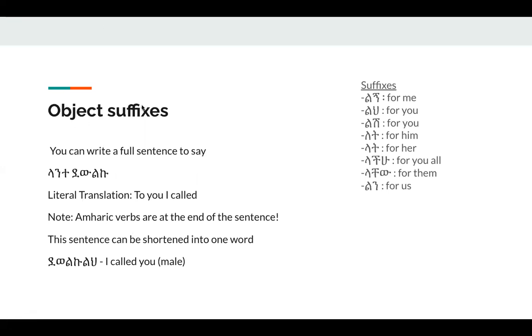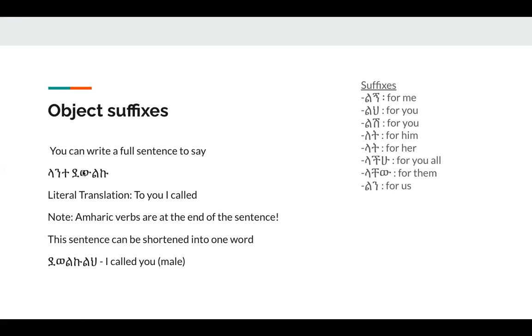So the object suffixes. In Amharic, you could say a full sentence to say lanta dowelku, which means to you. Lanta means to you. I called here dowelku. And this should be a wa in the first version. This is a typo here.